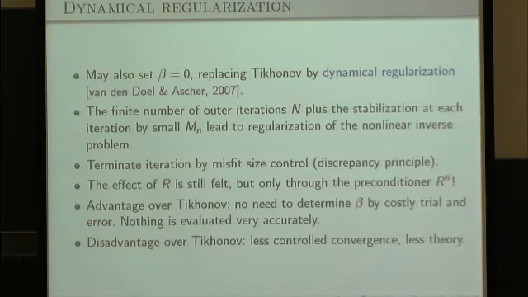And the advantage is you don't have to determine this beta. The determination of beta in Tikhonov method is just an annoying trial and error sort of process, and here you avoid it. But there is also a disadvantage. The convergence process is less controlled, and there's less theory to support it.